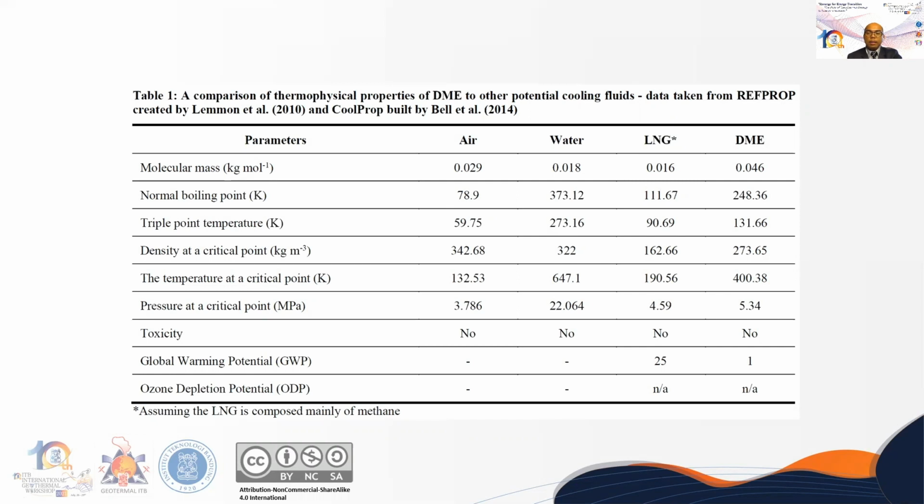However, in our study, we just utilize air in the environment. GWP and toxicity are other important parameters. There is no toxicity for all, and GWP for DME and LNG are quite low, so we can utilize DME and LNG as cooling medium.